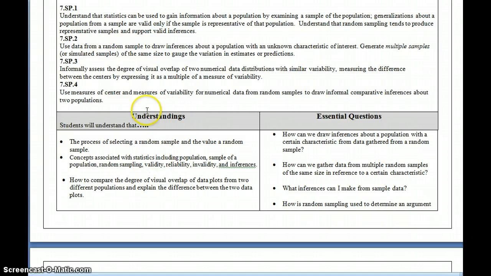As you can see here in this section, Understandings, students will understand the process of selecting a random sample and the value of a random sample, concepts associated with statistics including population, sample of population, random sample, validity, reliability, invalidity, and inferences, and how to compare the degree of visual overlap of data plots from 2 different populations and explain the difference between the 2 data plots.